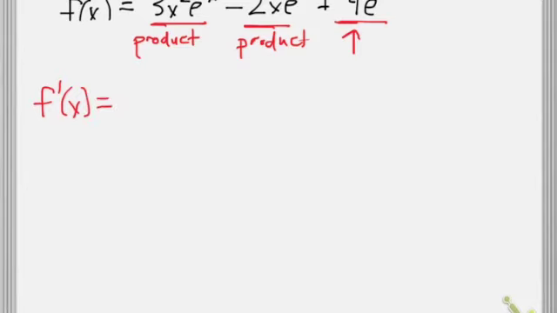Okay, I will use different colors so you guys can try to follow what I'm doing here. I will start with blue. All right, so with this first term, I'm going to use product rule. Everywhere I don't take a derivative, I will stick with the black color. So we have the derivative of the first function.